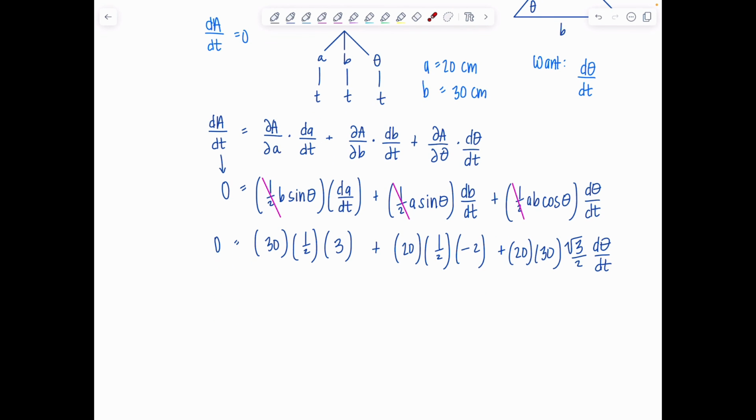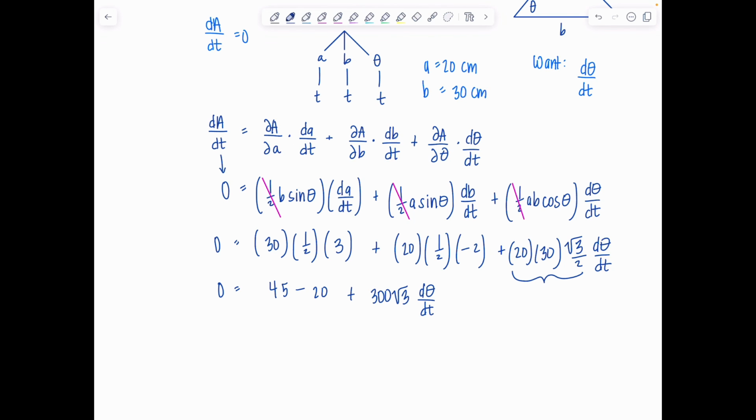Okay, so what is this? 90 divided by 2 is 45, minus 10 times 2, 20, plus 600 times root 3 over 2 is going to be 300 root 3 d theta/dt. Okay, so 45 minus 20, that's going to be 25.